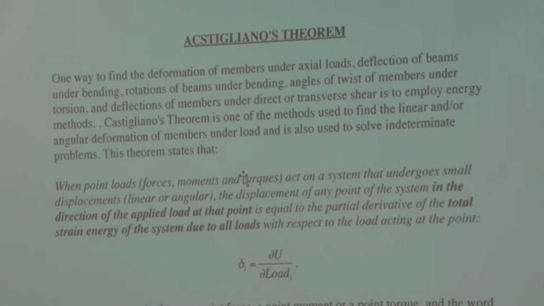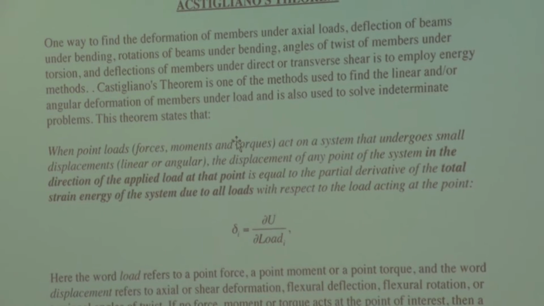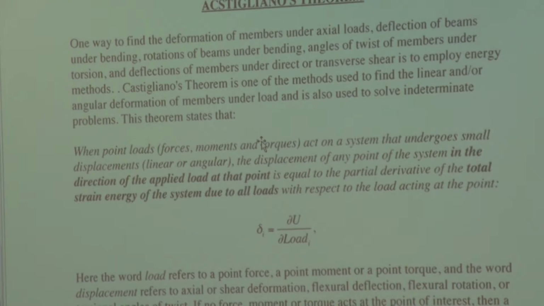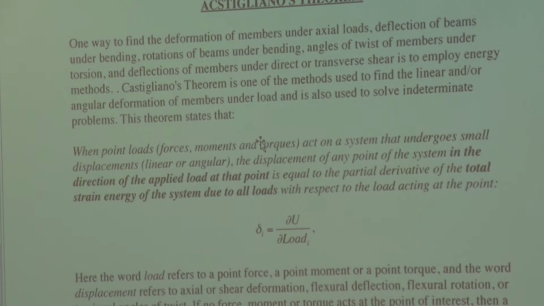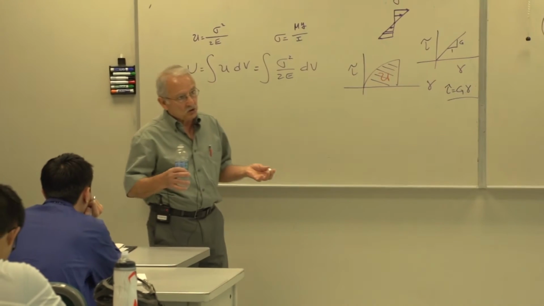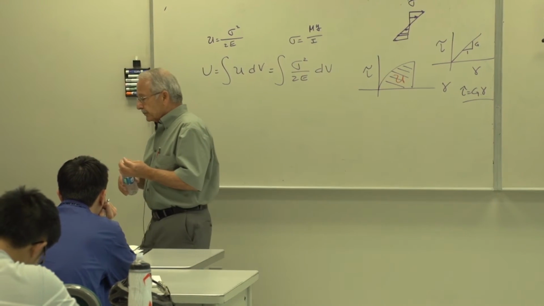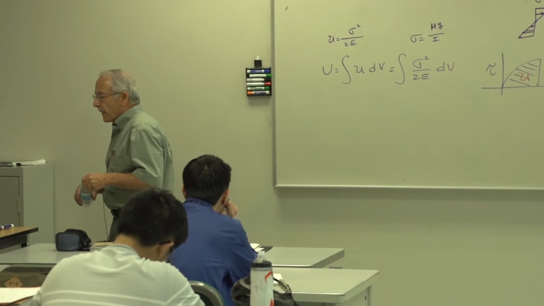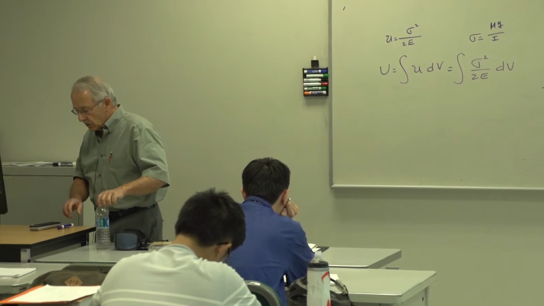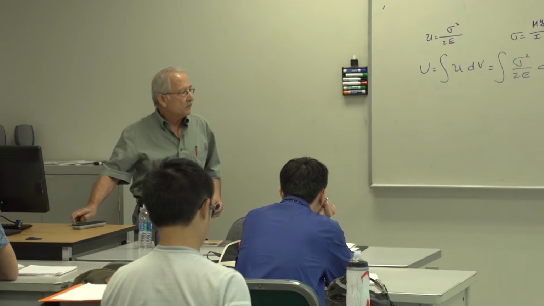We will do that here using Castigliano's theorem as well. Not only deflections in beams, but any type of deformation. Axial deformation, torsional deformation, bending deformation of any sort. So this is one method of finding these deformations.